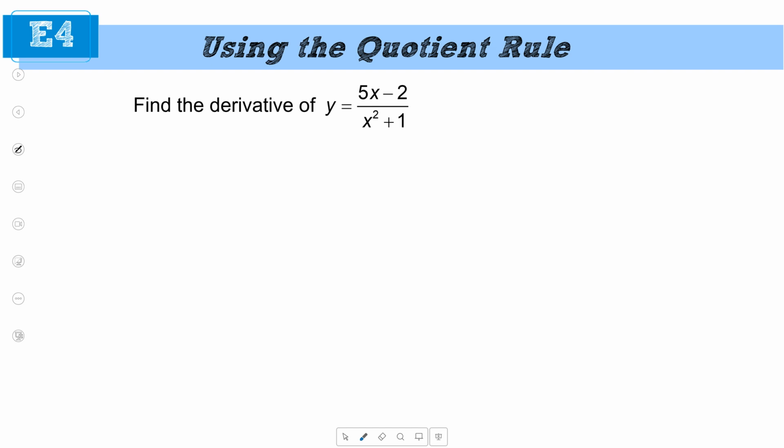Quotient rule. Y prime equals. I start with a big gazinta bar. I take the denominator, I put it in the denominator, and I square it. I take the denominator, and I move it up top.